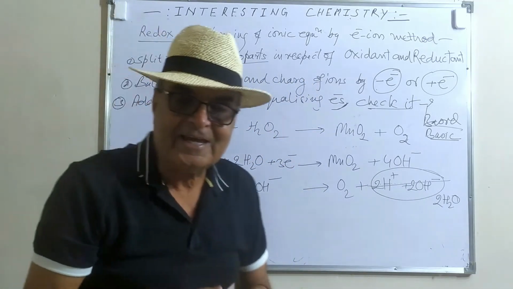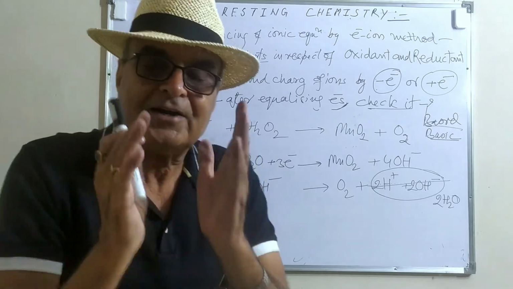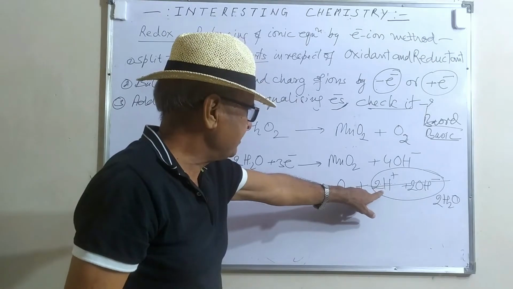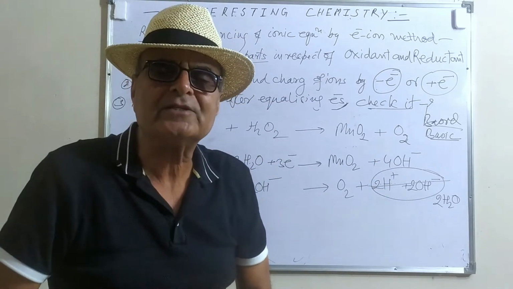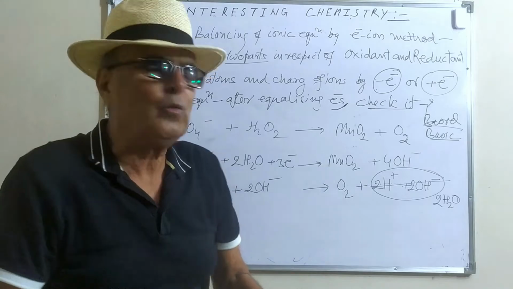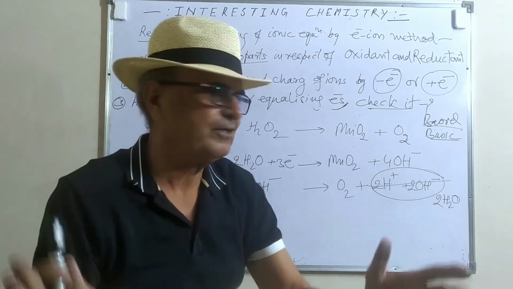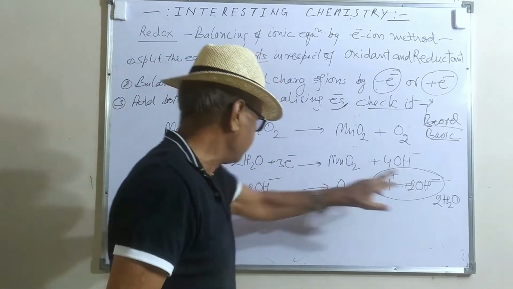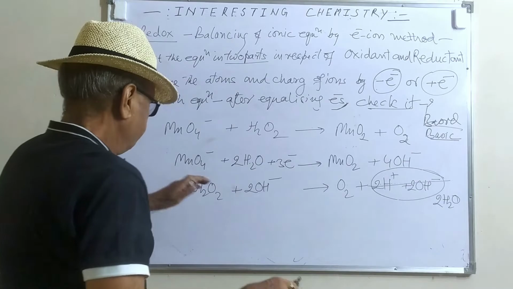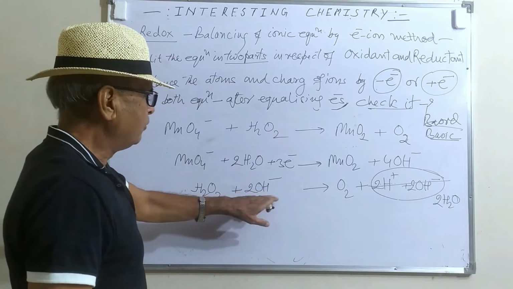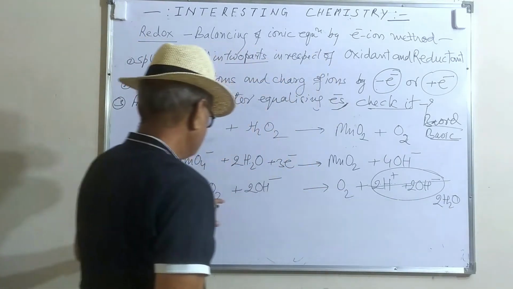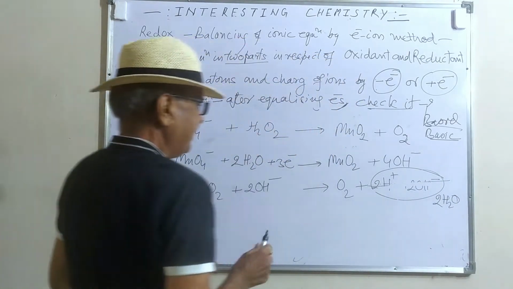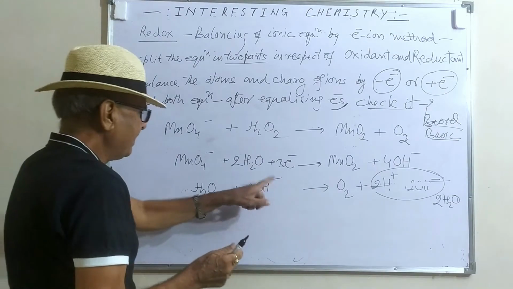So please again understand how to balance the equation. First balance in the acidic medium, then change into the basic medium by adding OH- on both sides, the same 2OH- and 2OH-. Now balance the ions, the atoms, hydrogen 4, oxygen 2 and 2, 4. This is cancelled, and again balance the charge.